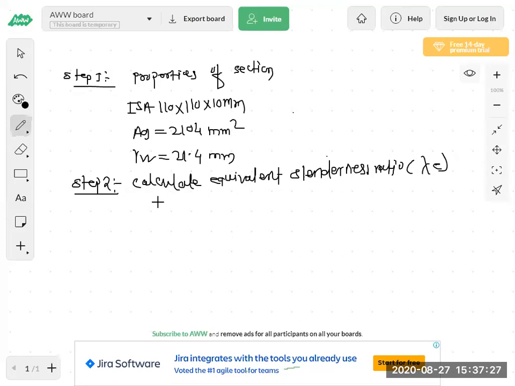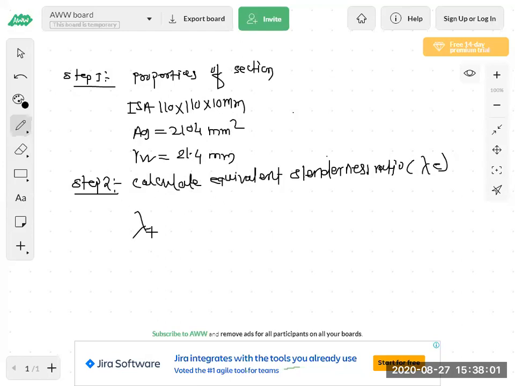So you can see first this ISA angle section 110 by 110 by 10, then see the properties, 2104 or 2106 here, and then 21.4 mm is the RVV value.